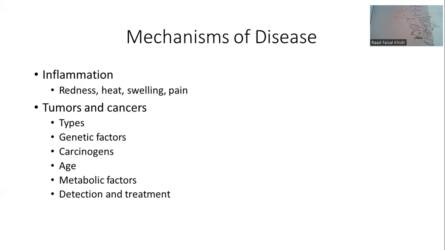Redness is known in Latin as rubor, and there's heat known as calor, and there is pain known as dolor, and there is also swelling known as tumor, and there is loss of function known as functio laesa. These are known as the 5 cardinal signs of inflammation.